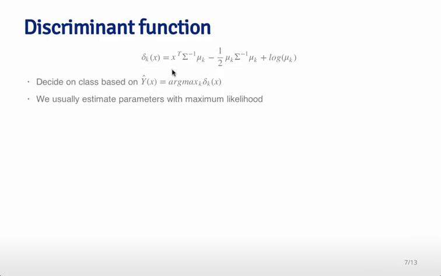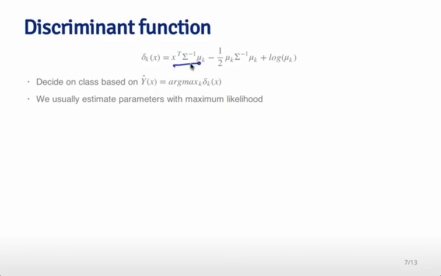In general, the discriminant function is what gets used here. The basic idea is we have a discriminant function that looks like this, where μ_k is the mean of class k for all our features. Sigma inverse is the inverse of the covariance matrix for that class. Actually, it's the same covariance matrix for all classes here.